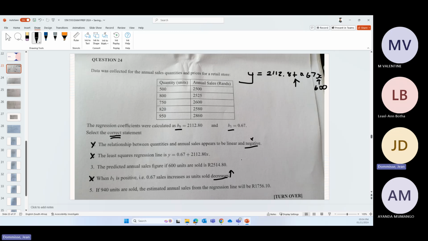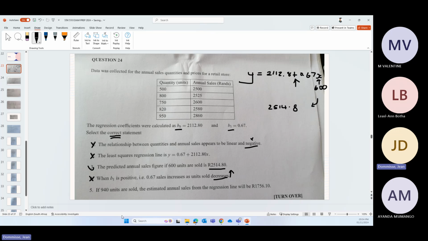And then if we add 2112.8 to that, we get that it will be 2514.8. So that is the correct one.